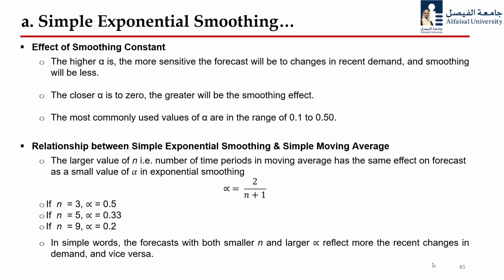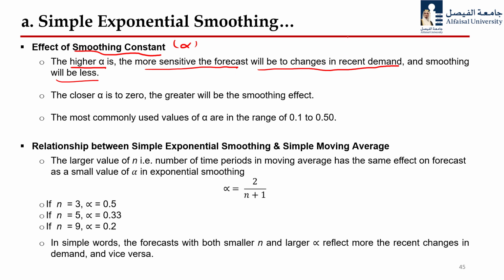Once again, as we were discussing regarding simple exponential smoothing, what is the effect of the smoothing constant, which means what is the effect of alpha? The higher the alpha, the more sensitive the forecast is to the changes in the most recent data, and smoothing will be less.